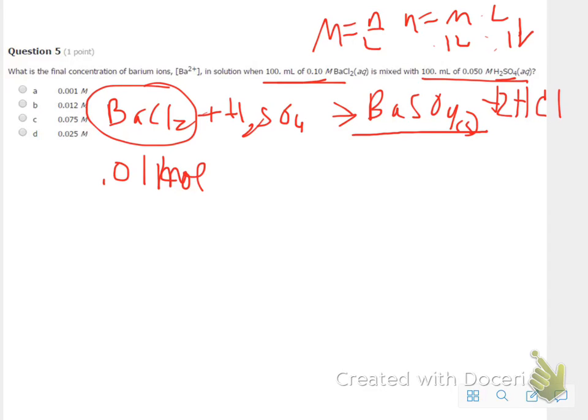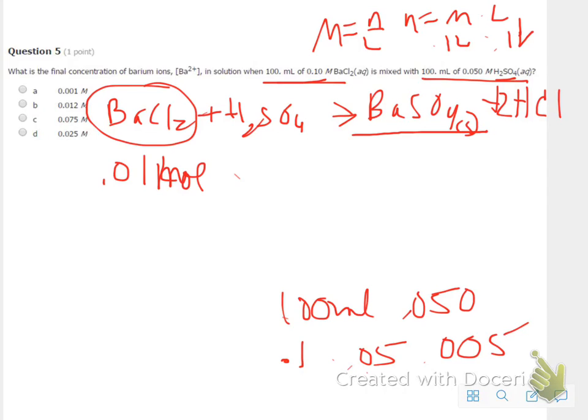And I have 100 milliliters of 0.050 molar H2SO4, so that's going to be 0.1 times 0.05, which is going to be, I'm just going to move the decimal place one. Okay, so this is going to be 0.005.